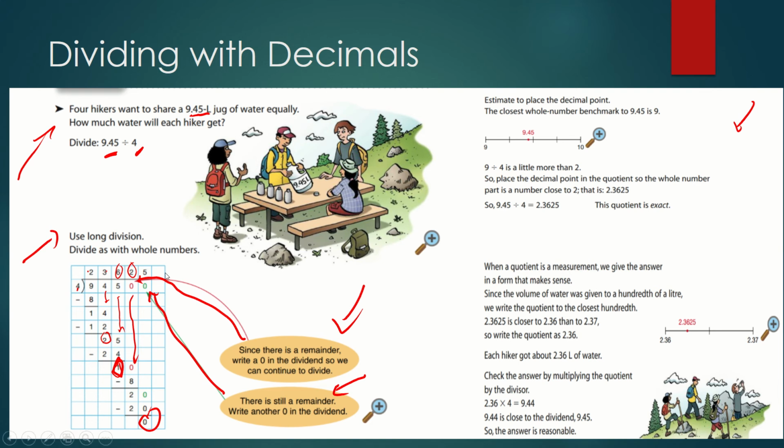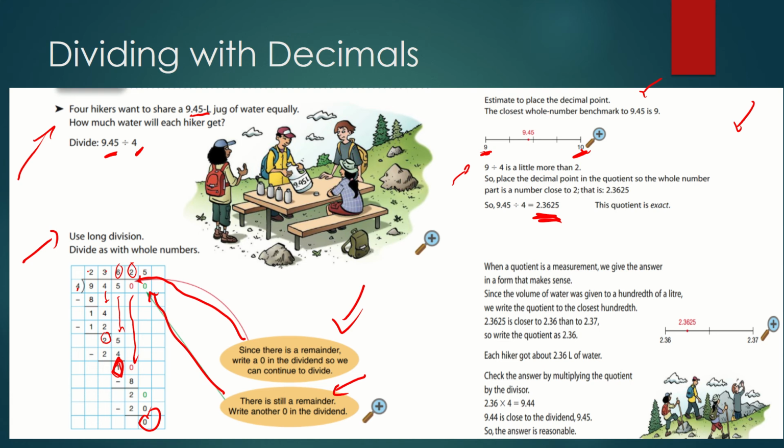So now that we did the whole numbers thing, we know our answer is 2.3625. What it's saying here is we can estimate to place the decimal point. The closest whole number to benchmark with 9.45 is 9 and 10. So what they did was 9 divided by 4 is a little more than 2.